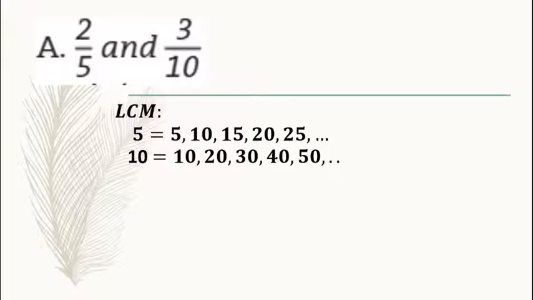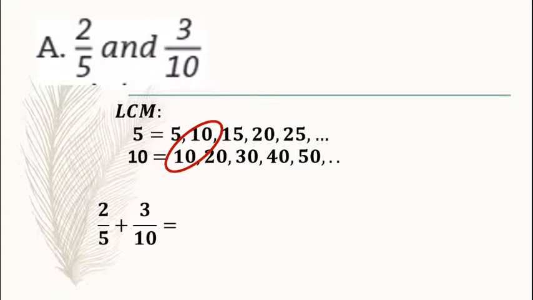The smallest number common between them is 10, so we should make our denominator 10. We have 2/5 plus 3/10. How many do we need to multiply to our denominator 5 to get 10?